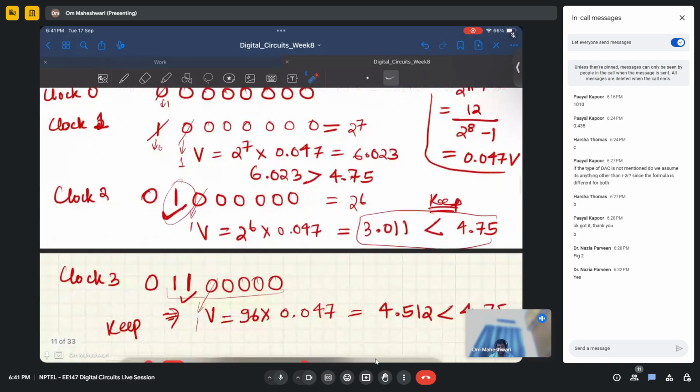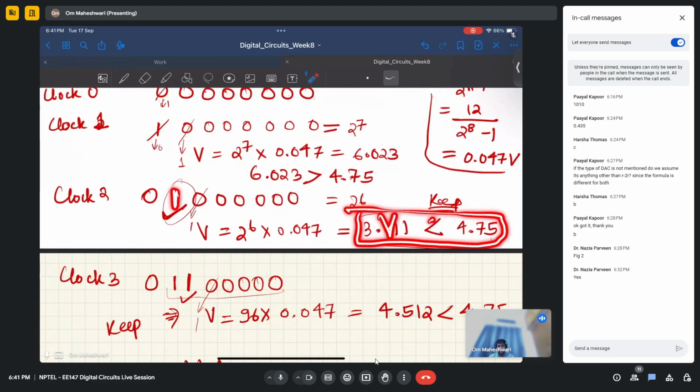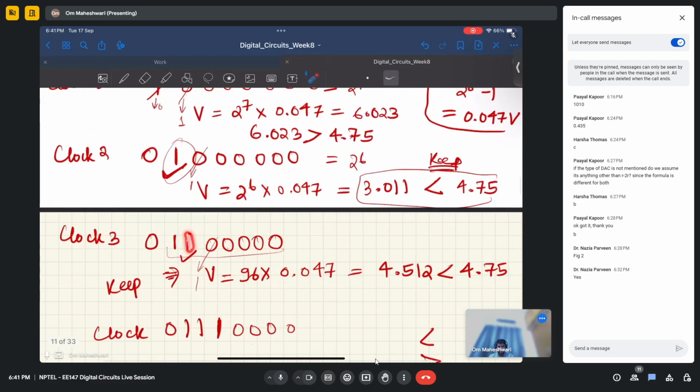Then we found that when this bit was 1, V is less than V in, so we keep that one. We then keep this bit and proceed to the next bit. Again, we found V is less than V in, so we keep this one also, and we then proceed with the next bit.